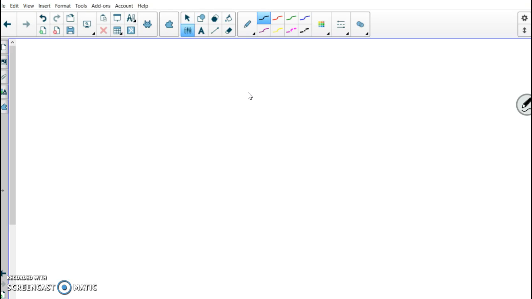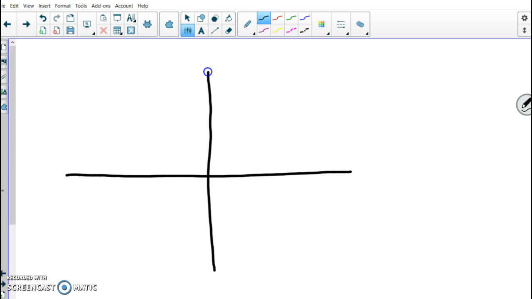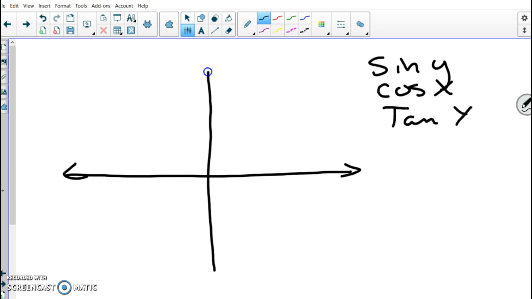At the top of 285, we want to talk about the signs of the functions in the different quadrants. Well, we understand sine is y, cosine is x, and tangent is y over x. So we can quickly and easily see the signs of those values. We understand that the x value in quadrant 1 is positive.